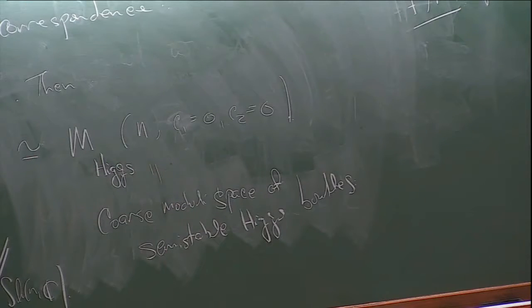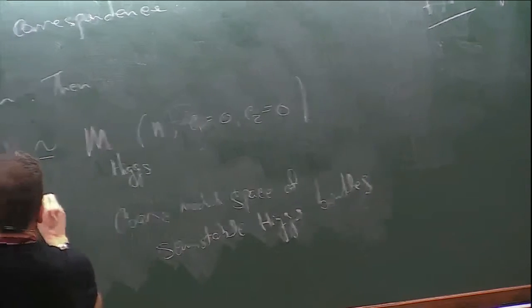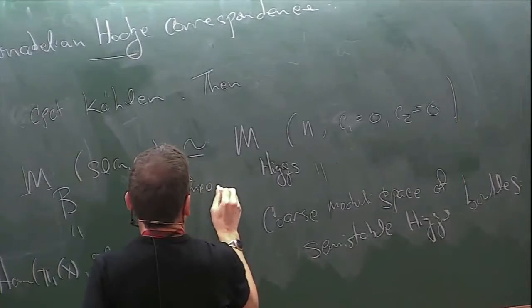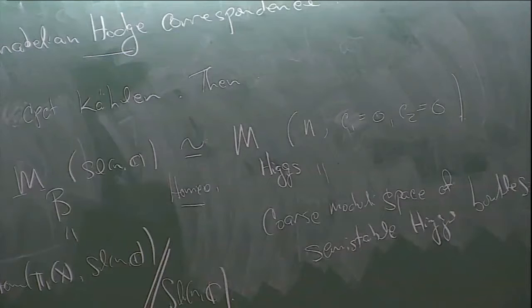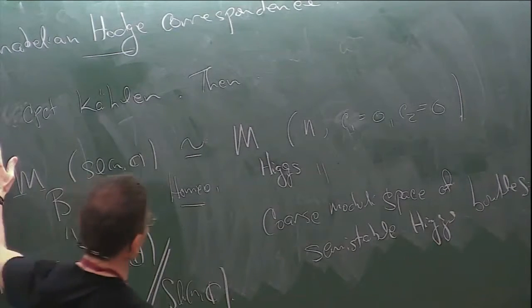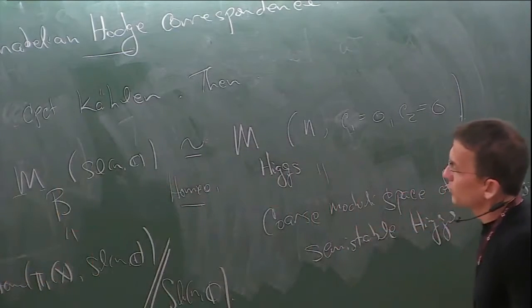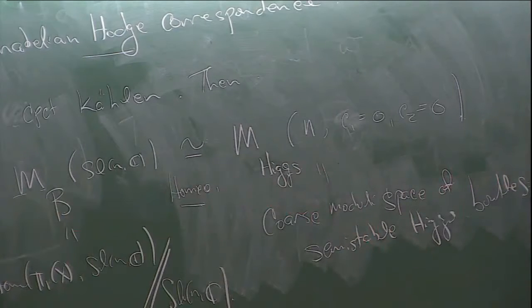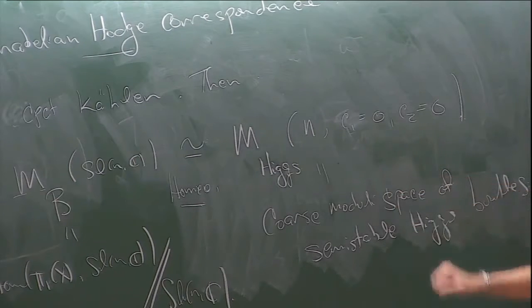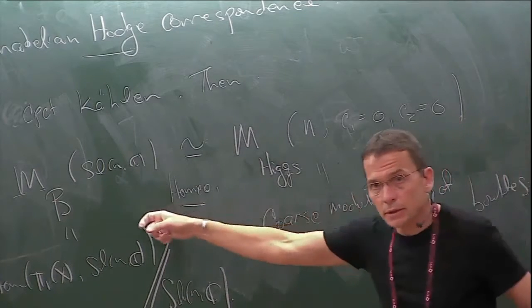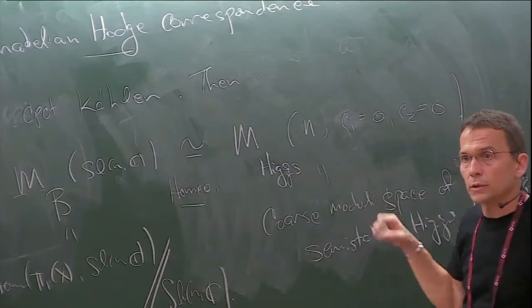And then this correspondence is a homeomorphism. These are both algebraic varieties when X is a projective variety. When X is Kaehler, this is a complex analytic space. But those complex structures are different. They're actually very different.